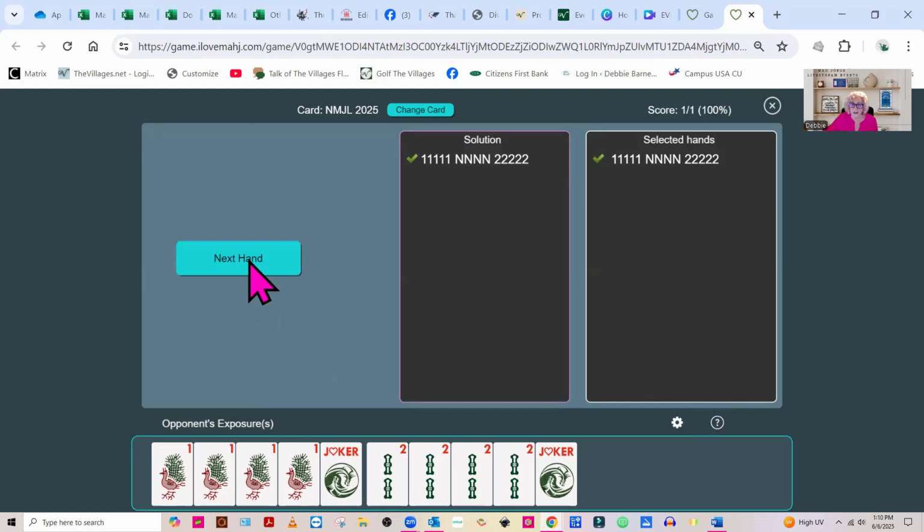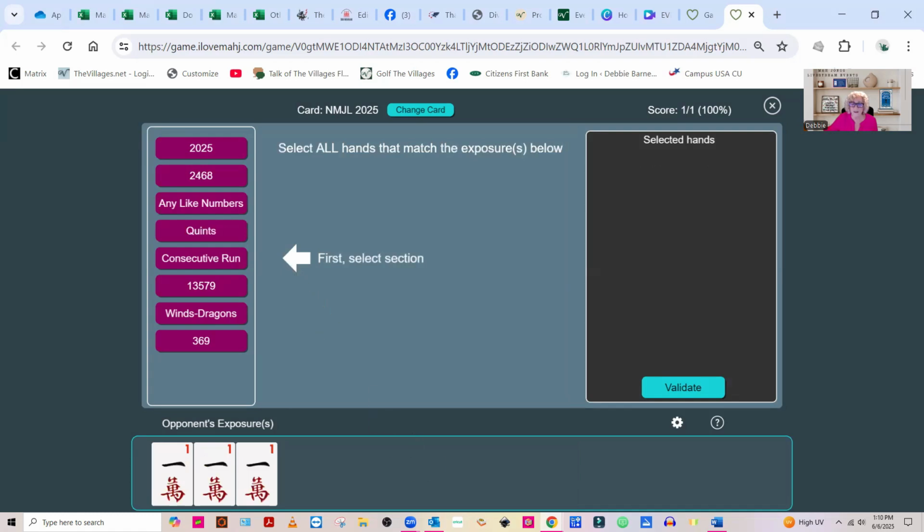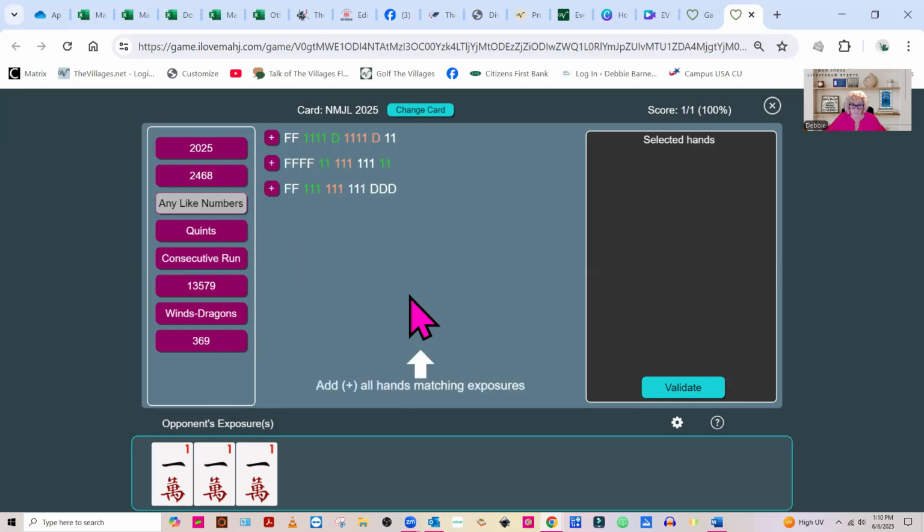Now you can click on next hand, and it's going to give you another exposure or exposures to figure out what hand it can be. This is a pung of 1 crack. So looking at the left side of the card, I know it's not the 2025 section or 2468, but it can be any like numbers.